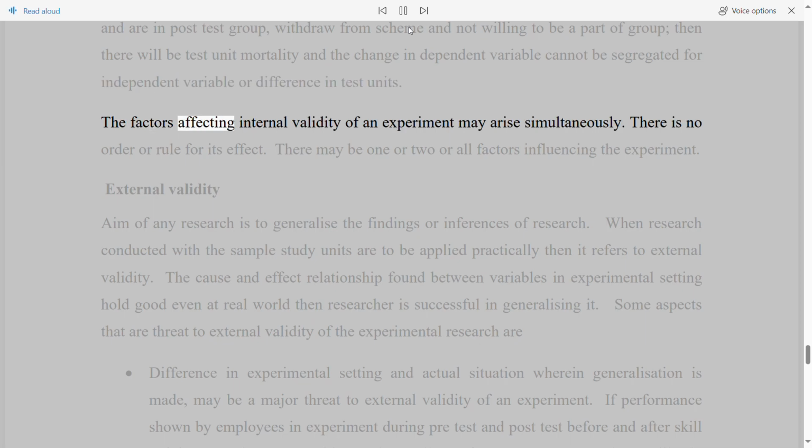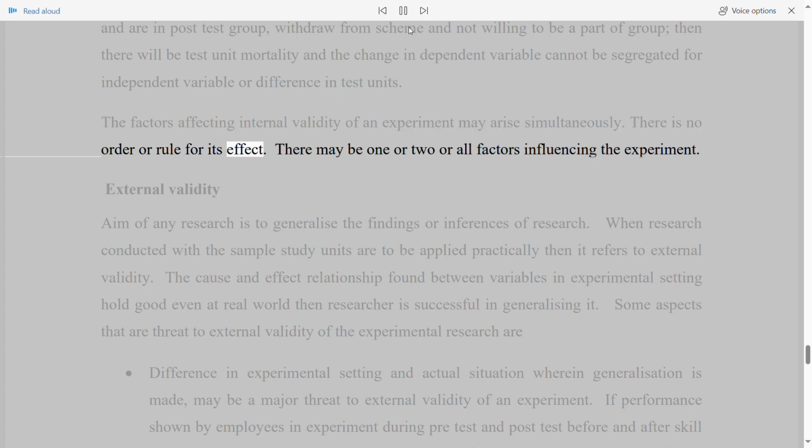The factors affecting internal validity of an experiment may arise simultaneously. There is no order or rule for its effect. There may be one or two or all factors influencing the experiment.